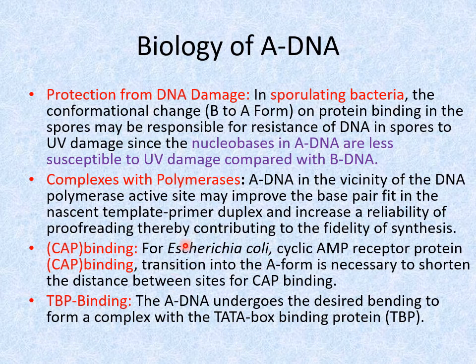Then in case of E. coli, we know there are CAP binding sites where the cyclic AMP receptor proteins bind, and that is also facilitated by the A form of DNA, which shortens the distance because it is broader between various sites of this CAP binding protein.